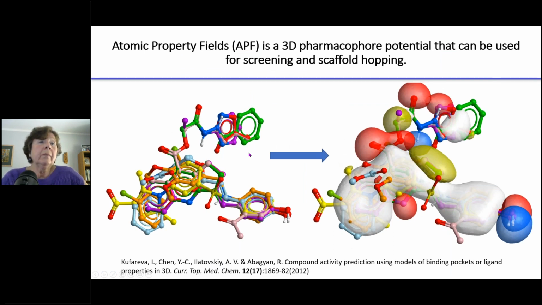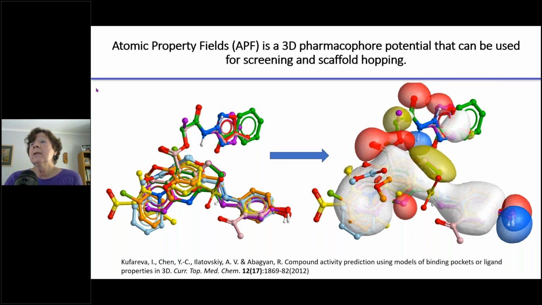So we have been using the so-called atomic property field, which is a machine learning technology that can be used not just for screening, but also for scaffold hopping.